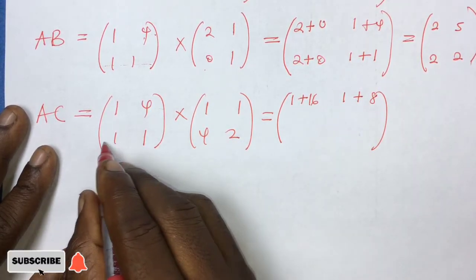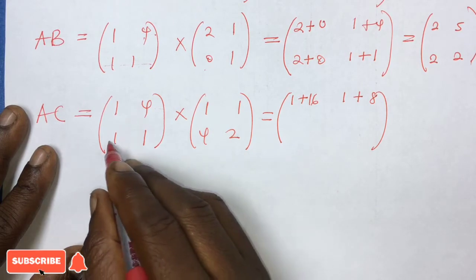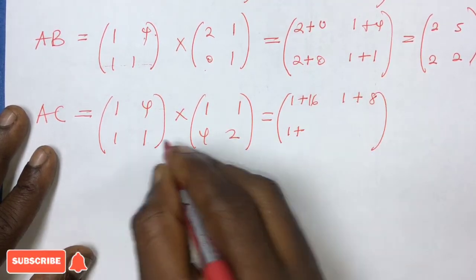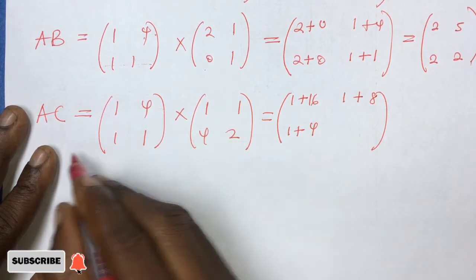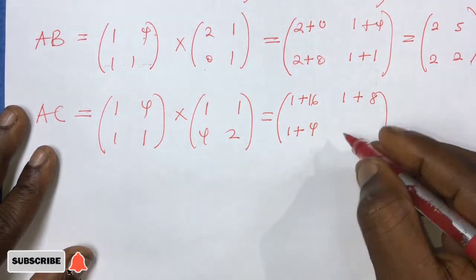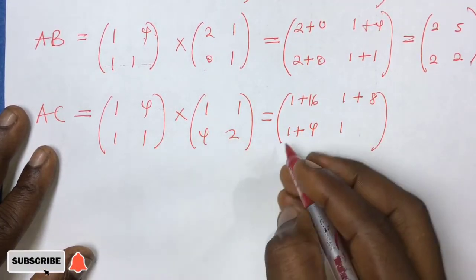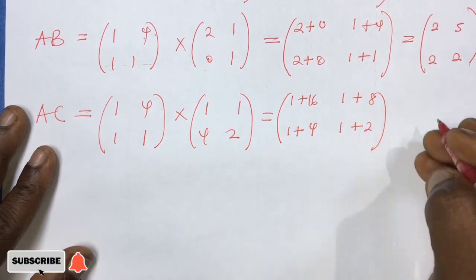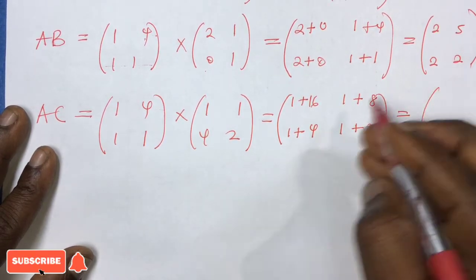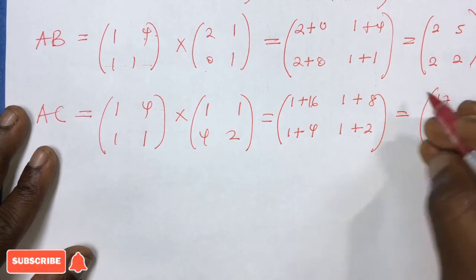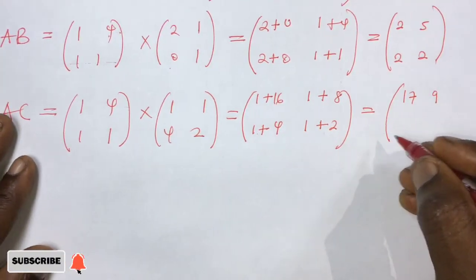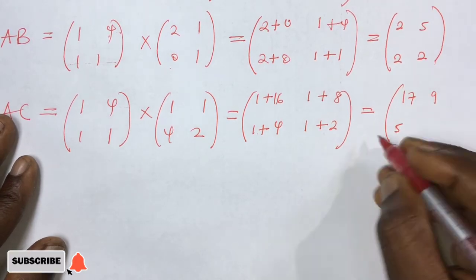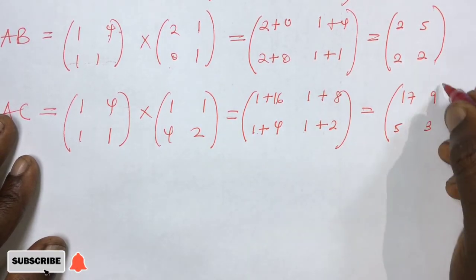Now, second row multiplies first column, that will be 1 times 1, 1, plus 1 times 4, 4. Second row multiplies second column, that will be 1 times 1, 1, plus 1 times 2, 2. So if you summarize that result, you are going to have 1 plus 16 is 17, 1 plus 8 is 9, 1 plus 4 is 5, and 1 plus 2 is 3.